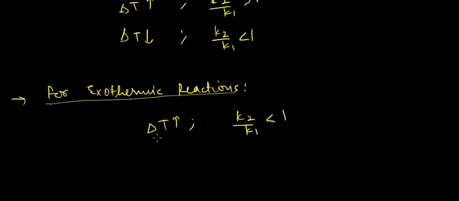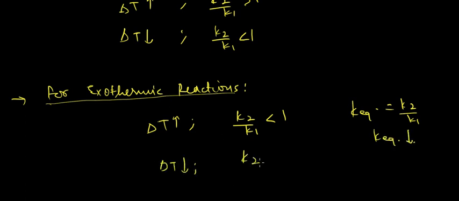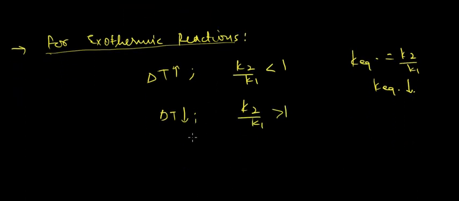Okay, and if we write K equivalent as K2 by K1, then K equivalent also decreases, and as T decreases, K2 by K1 becomes more than 1, or K equivalent increases.